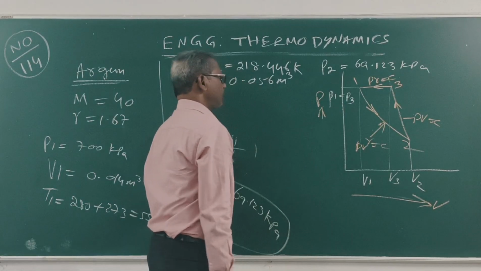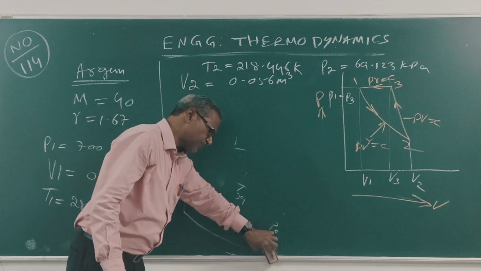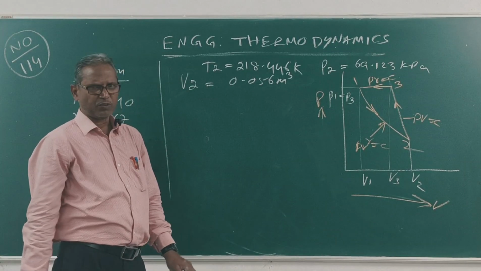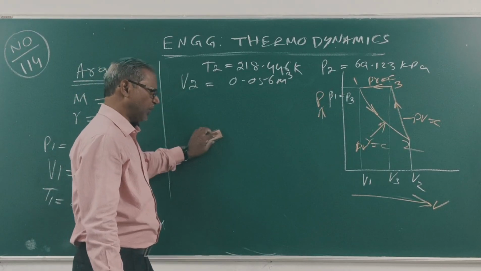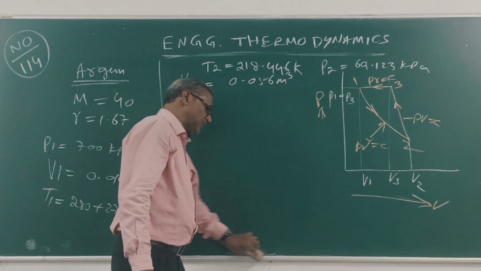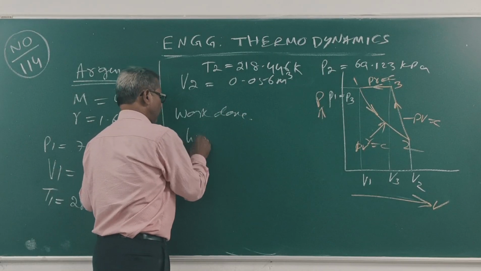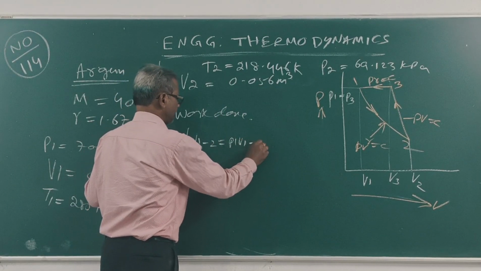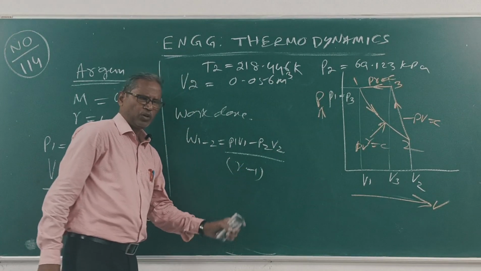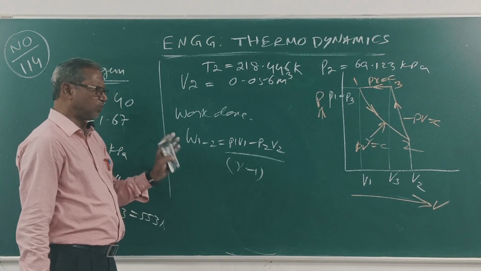Now we have T2, V2, P2. Now what is the work done? Process 1-2 is an adiabatic expansion process, so work done is equal to P1 V1 minus P2 V2 by gamma minus 1. Clear? So W12 is equal to P1 V1 minus P2 V2 by gamma minus 1. We have P1, P2 and also gamma, so we put all the values.